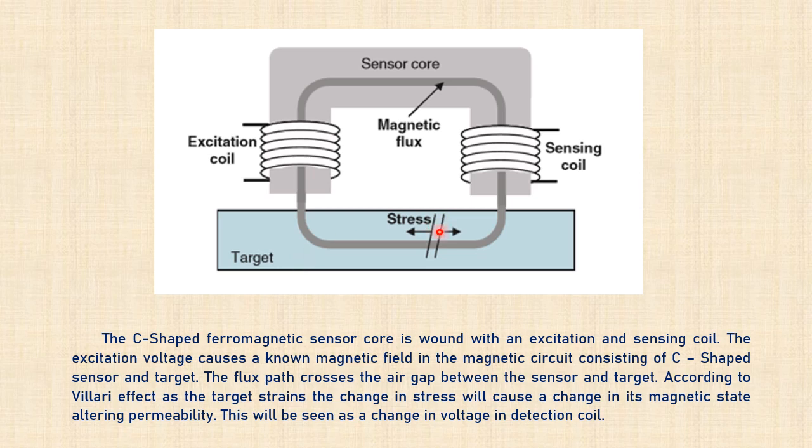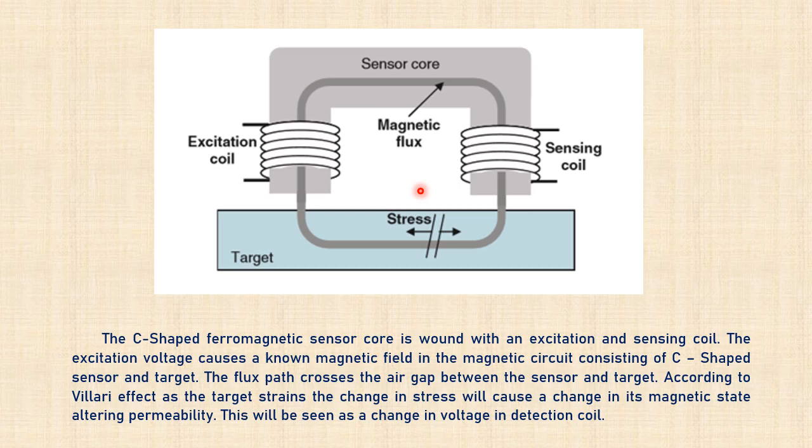Obviously, there is a change in the magnetic flux, or the permeability changes, and that is detected as a change in the voltage in the sensing coil. On this very principle of the Villari effect, this active magnetostrictive sensor works.